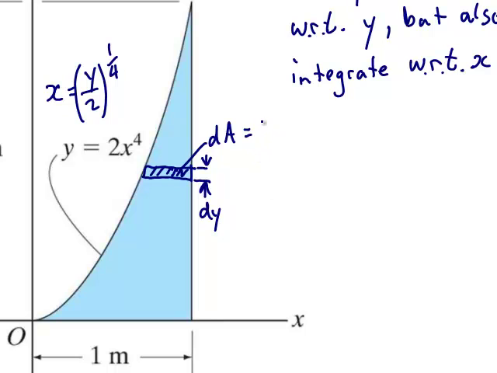So dA is going to equal 1 minus y over 2 to the 1/4.